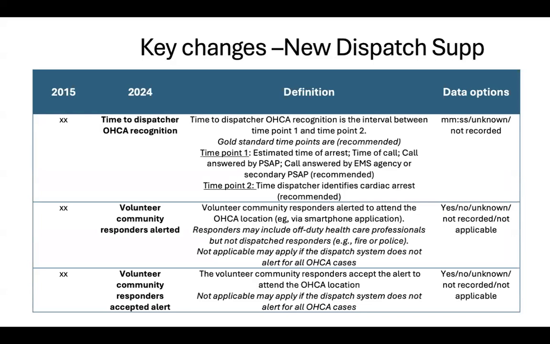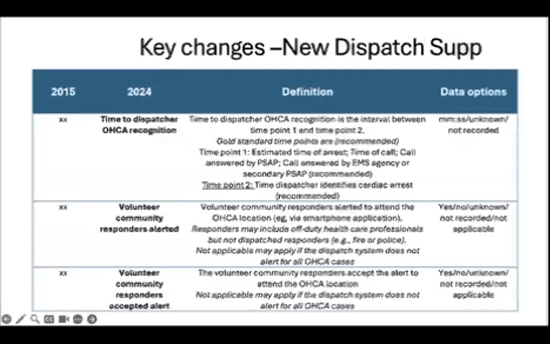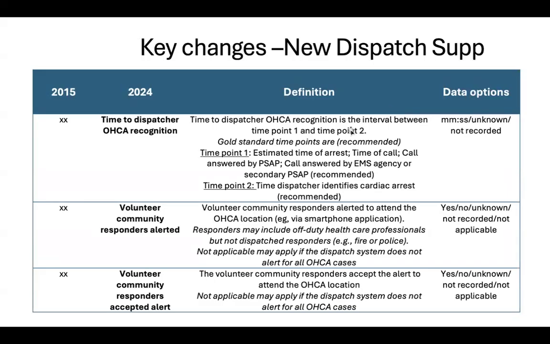And I think in a lot of countries, the emergency call goes for a generic fire, police, and ambulance, and then based on what the caller says, it's transferred to, in this case, the EMS agency, the ambulance service, for dealing with it.